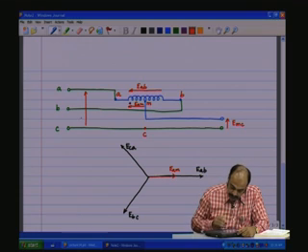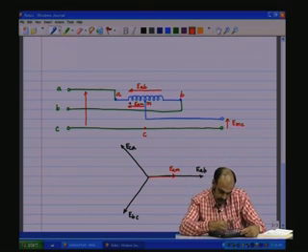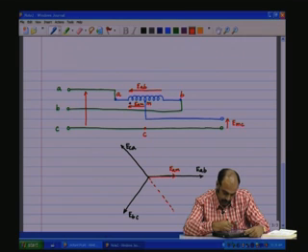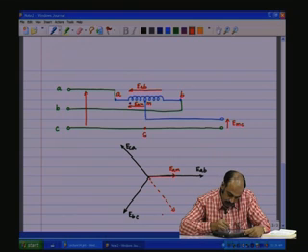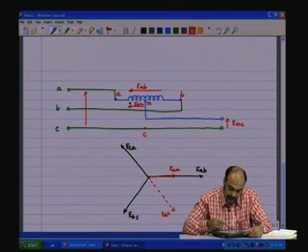Now, EAC is actually the reverse of this, which is EAC or minus ECA.